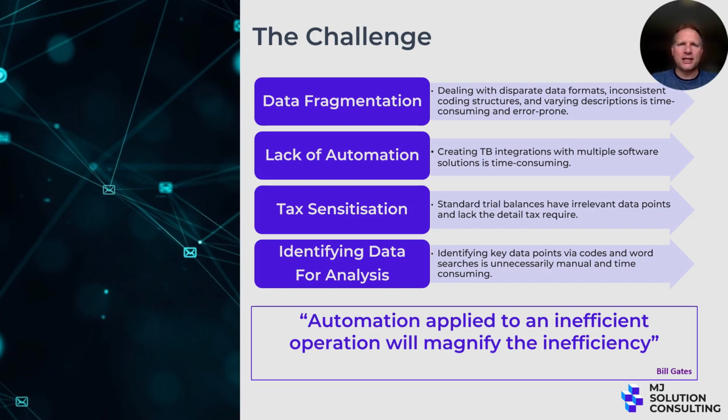Lack of automation is another one. So when you want to automate your chart of accounts, your trial balance into a software, for example, whether that be an accounting software like a statutory account software or a tax compliance software, you want to map that in. But if you've got different trial balances, there's multiple mappings.